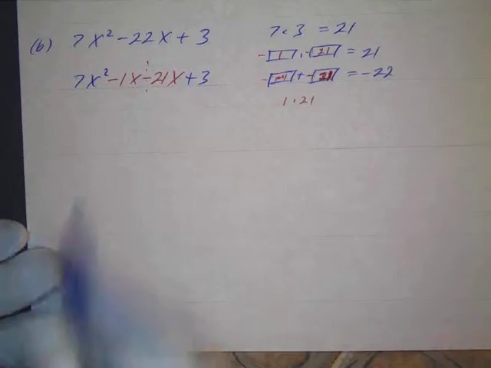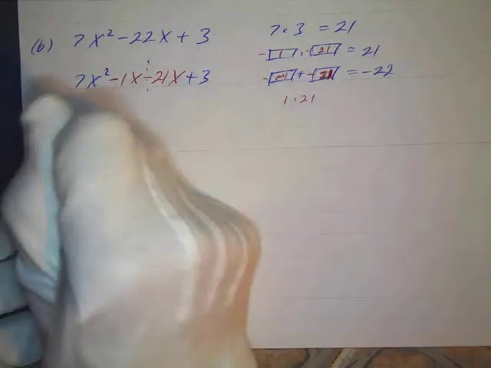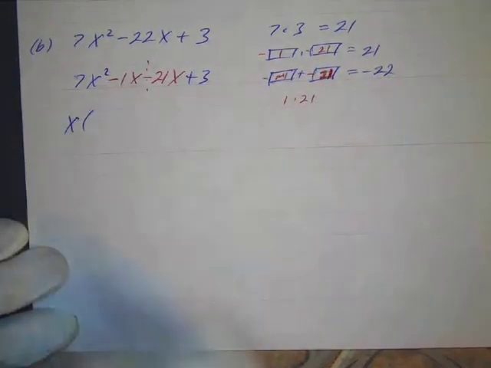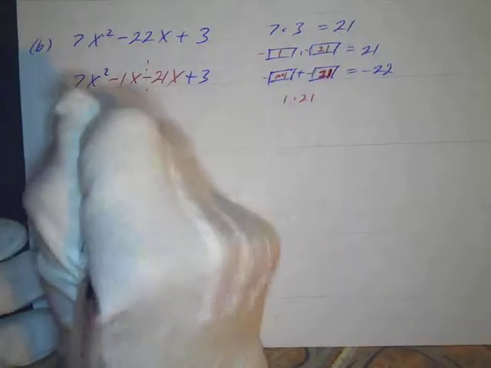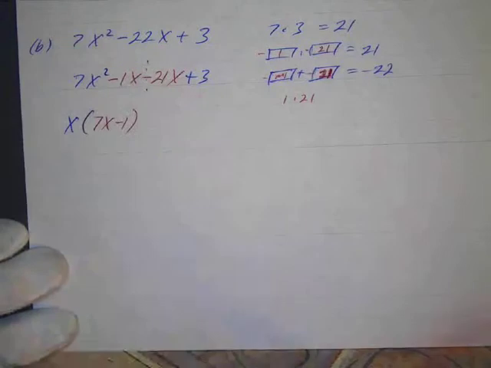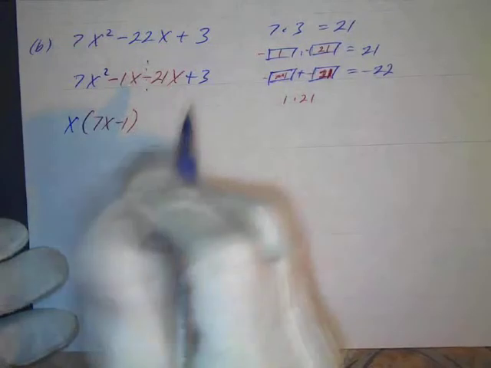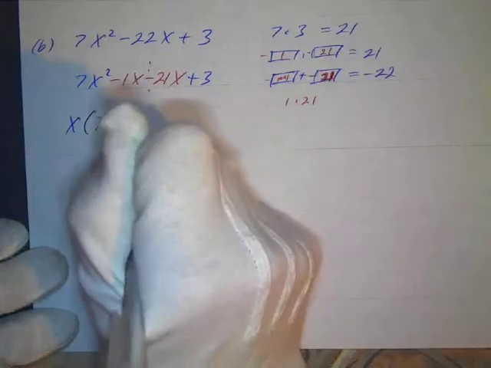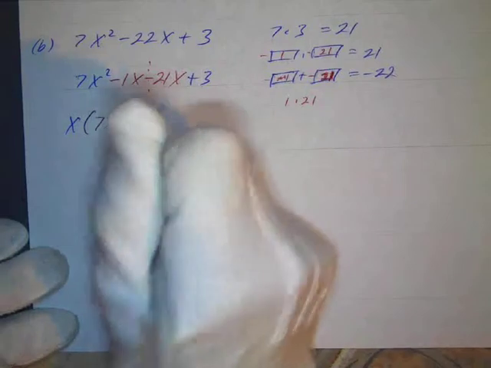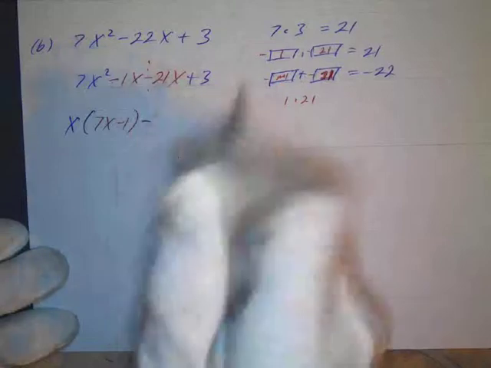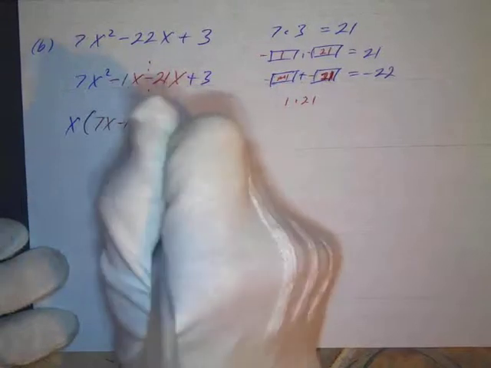Out of these two terms I can factor out, it looks like just an x again, and what's left is 7x minus 1. And then out of these two terms I can factor out, and we always take out the leading sign, so I'll take out a negative 3. 3 goes into 21, 3 goes into 3.